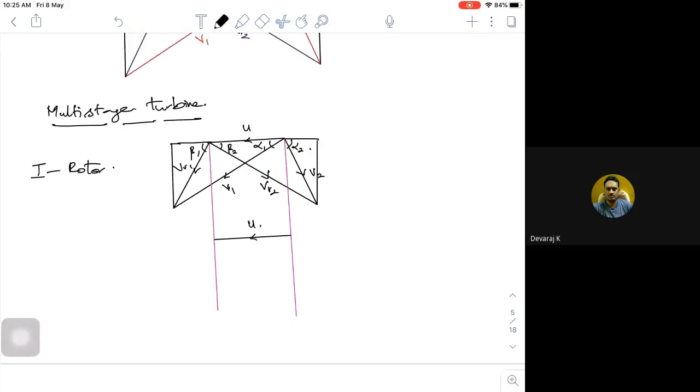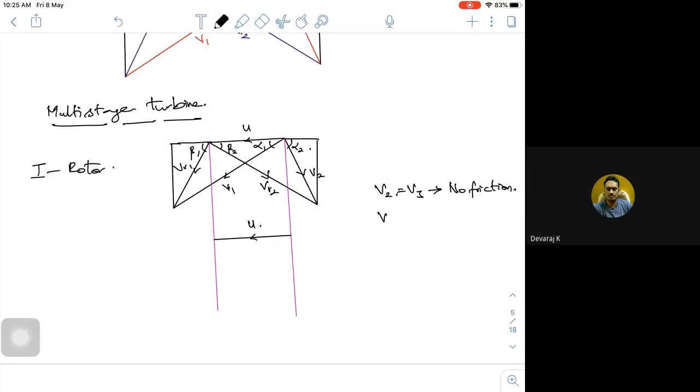See, the fluid is exiting the first stage at velocity V2. Then, if there is no friction, no losses, your V2 will be equal to V3, which is entering the next stage. If there is a loss, V3 will be that percentage, maybe 10% loss means 0.9 times V2.